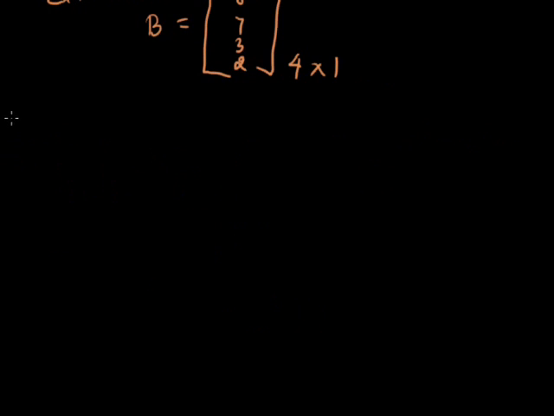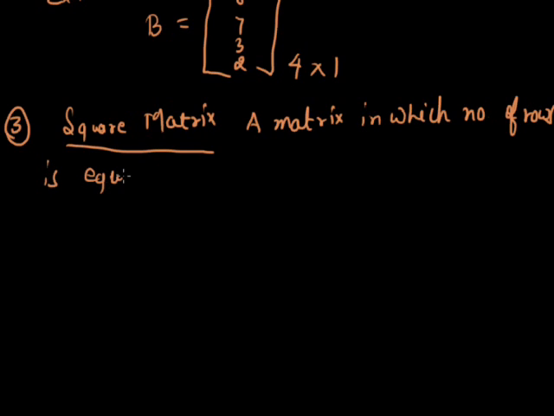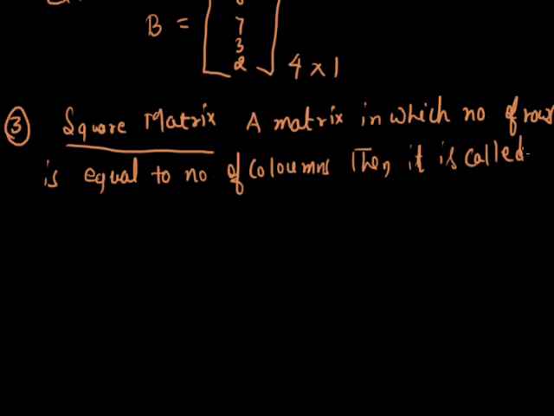Now third, जो third टाइप की मैट्रिक्स है, this is square matrix. स्क्वायर मैट्रिक्स क्या होती है वो समझते हैं हम कि ऐसी मैट्रिक्स जिसमें नंबर ऑफ रोज और नंबर ऑफ कॉलम सेम होती है, then it will be known as square matrix.